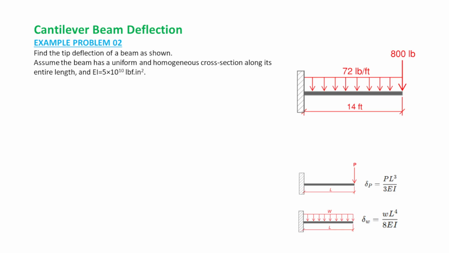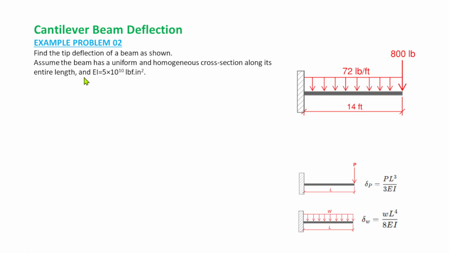In today's video, we are going to solve another sample problem of cantilever beam deflections. As you can see here in the figure, we have a cantilever beam 14 feet long and loaded with a uniformly distributed load of 72 pounds per foot and a concentrated load at the tip of the beam of 800 pounds.